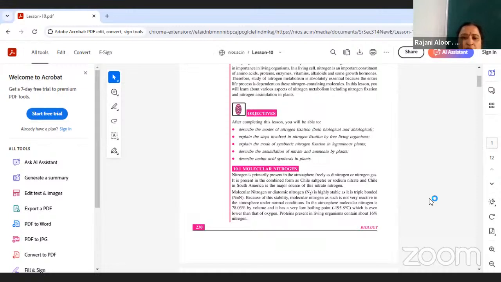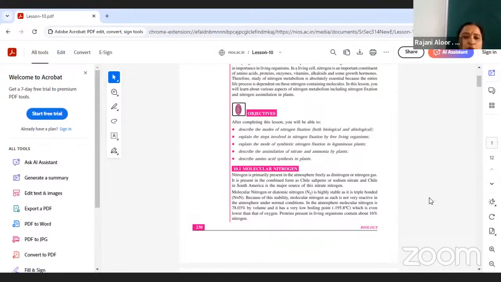Molecular nitrogen as such is not very reactive in the atmosphere under normal conditions. In the atmosphere, molecular nitrogen is about 78 to 78.3% by volume, with a very low boiling point.